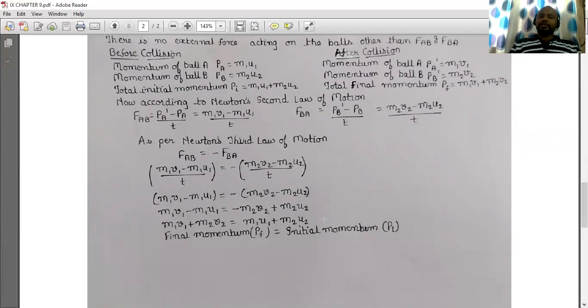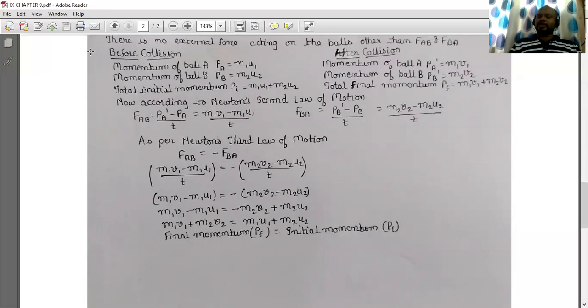Before collision, the momentum of ball A, denoted as PA, will be m1u1. Momentum of ball B, PB, is m2u2. Total initial momentum, symbolized by Pi, is the sum of PA plus PB, that is m1u1 plus m2u2.